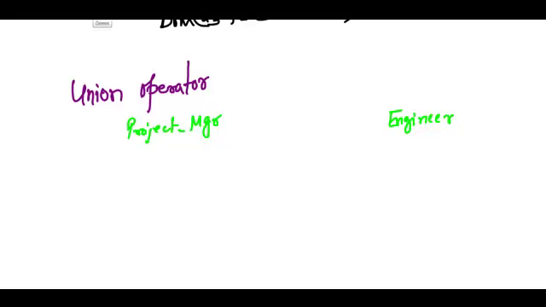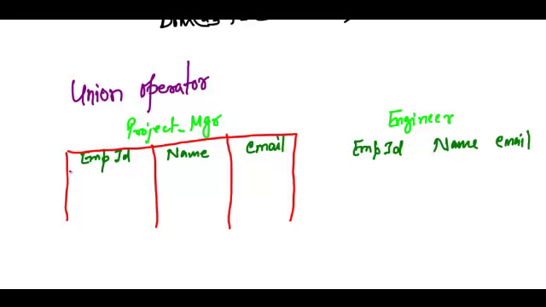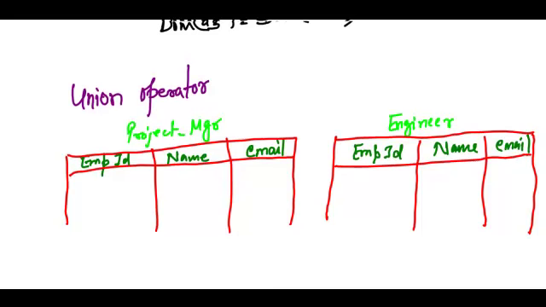Both of these tables have employee ID, name, email. This has also employee ID, name and email. So this is my project manager table. And this is my engineer table. As you can see, these both relations or tables are compatible.